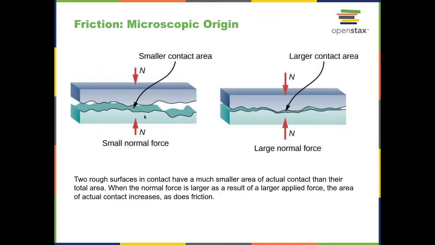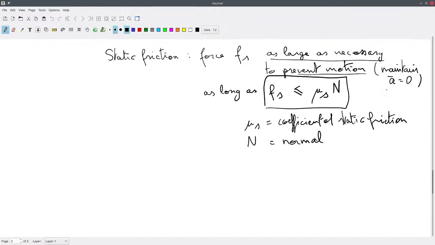And if we think about that in terms of what happens with the normal forces, if there is a larger normal force, then those imperfect, rough surfaces will be closer together, and there will be more places where they're actually going to contact each other, and those little bumps and imperfections are going to increase the amount of friction. So that's static friction. It's as large as necessary.